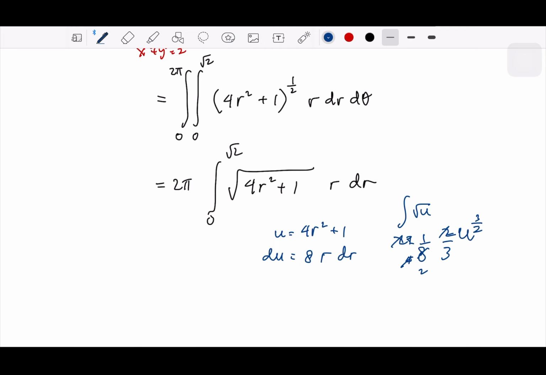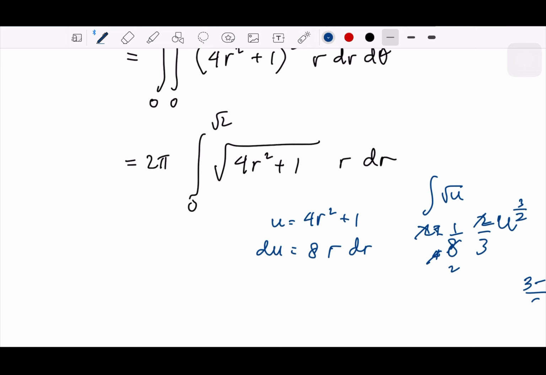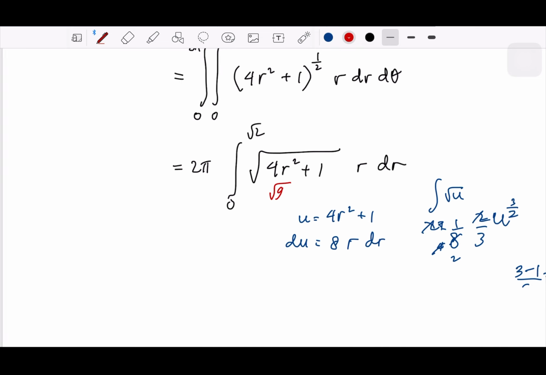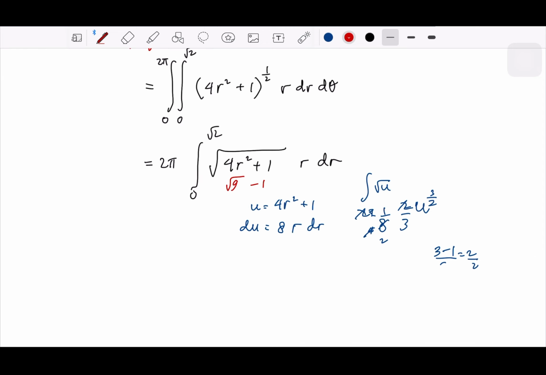So 1 over 6, and then based on your calculations, we will have 9 to the power 3 over 2 minus 1, so 2 pi over 6... what's the result?